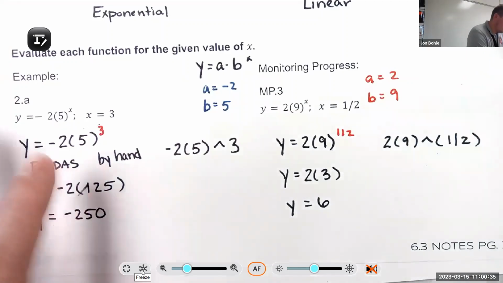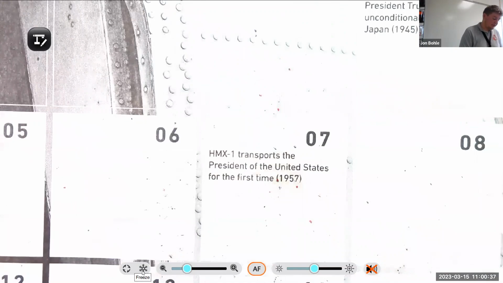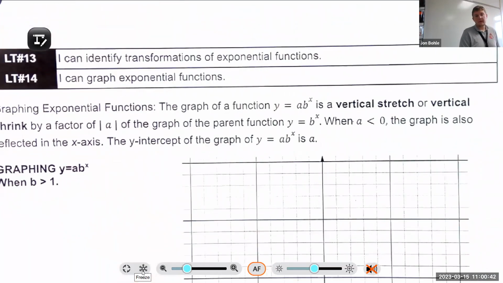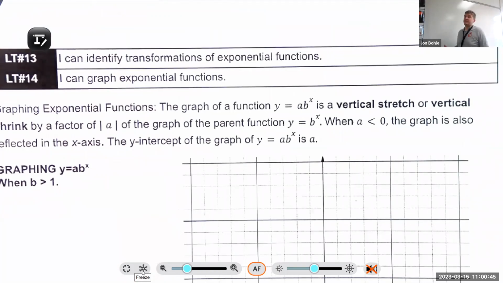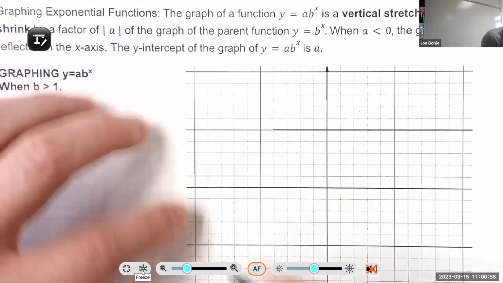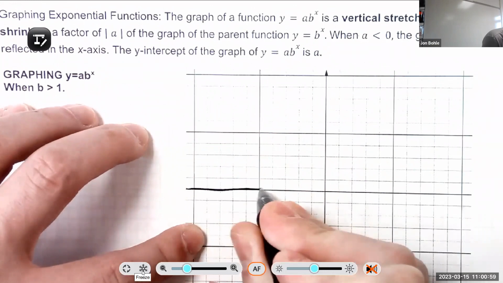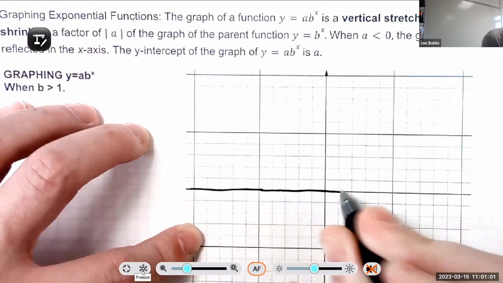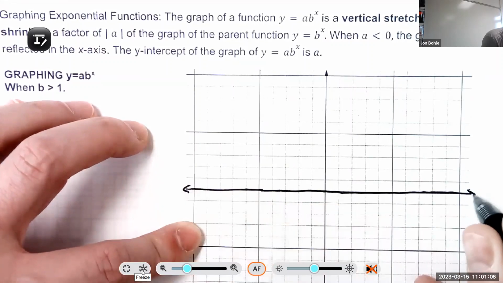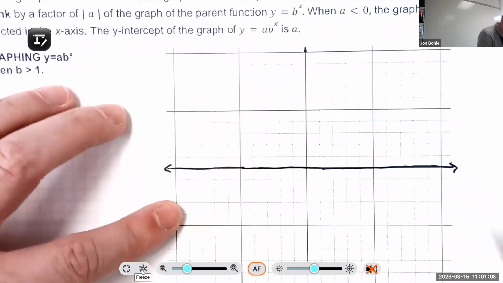All right, let's go to the next page. Okay, this next page is a little bit more just discussion. What we're going to start progressing towards is being able to identify transformations of exponential functions. And then we're also going to be able to start graphing here. The first thing I would like you to do is bold in that middle line, and we're going to call that the x-axis.